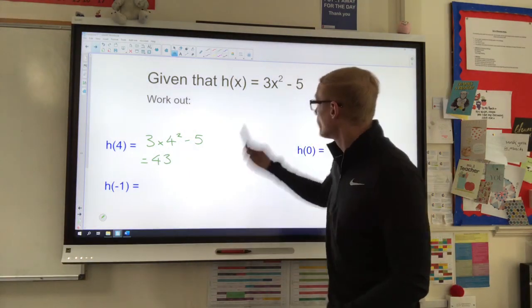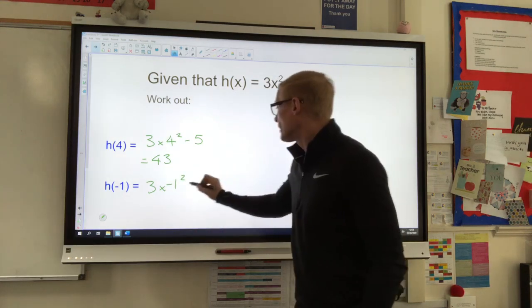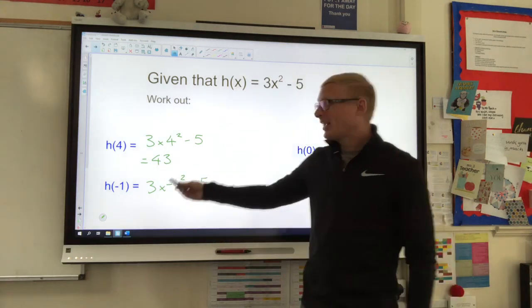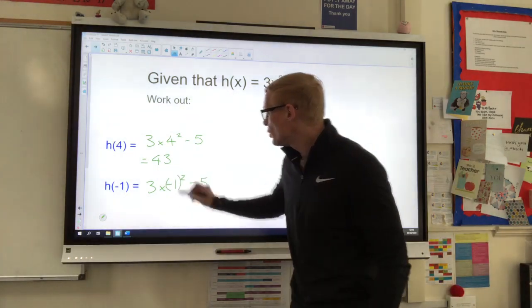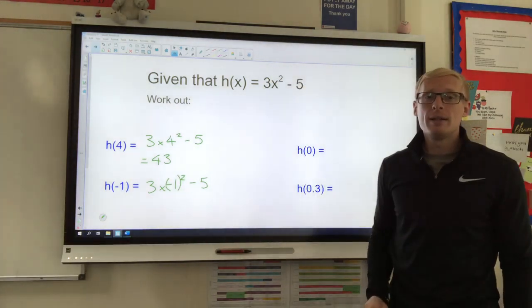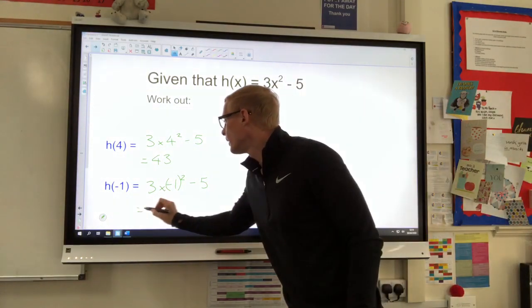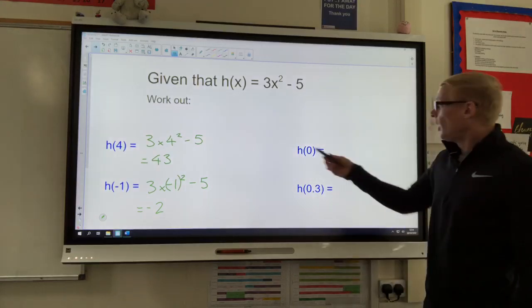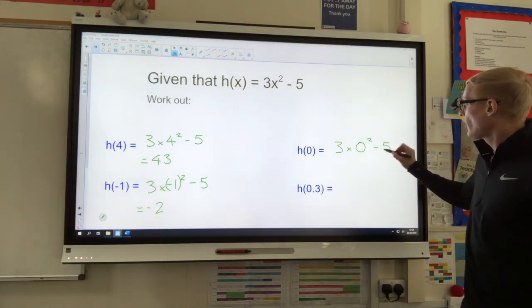Same thing for negative 1. So h of negative 1, 3 times negative 1 squared, take away 5. Now be careful when you're squaring a negative number. You can put that in a bracket if you like to remind you. Negative 1 squared is 1. 3 times 1 is 3, take away 5, negative 2. H of 0, again, 3 times 0 squared, take away 5.